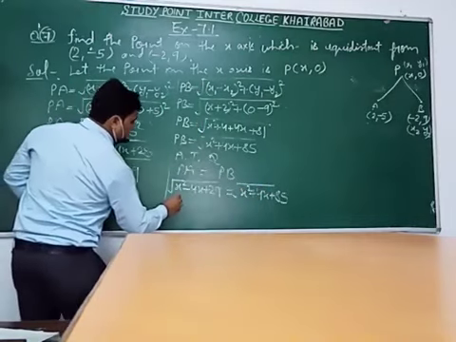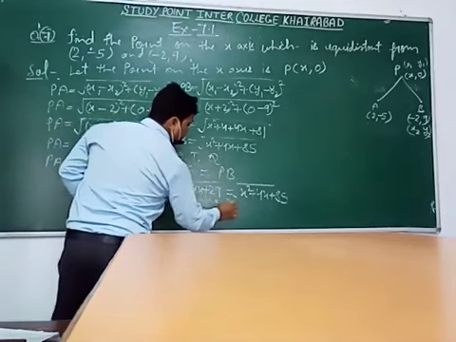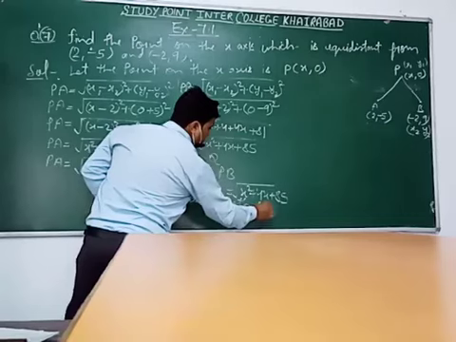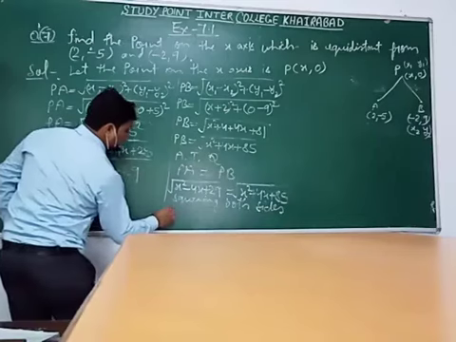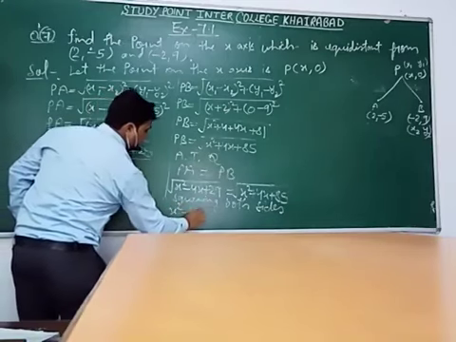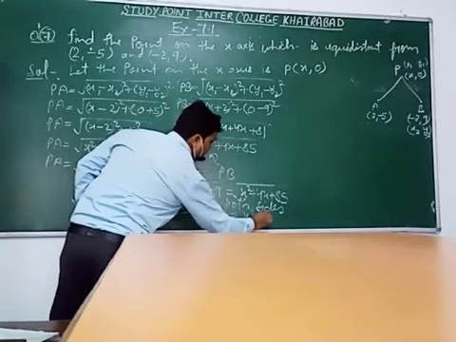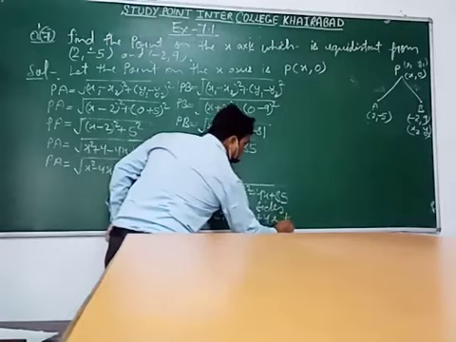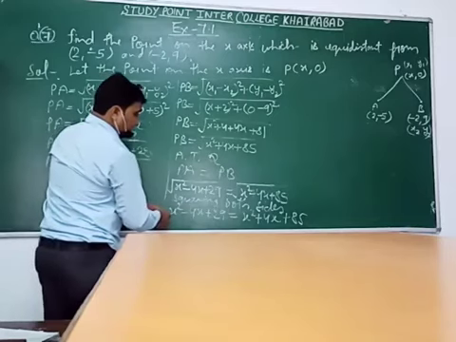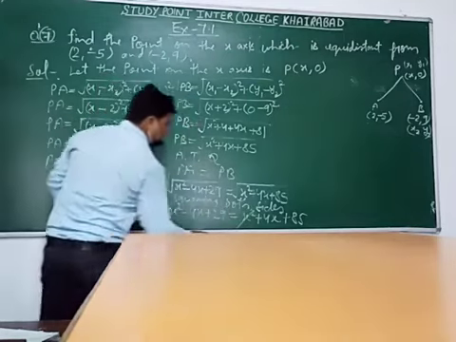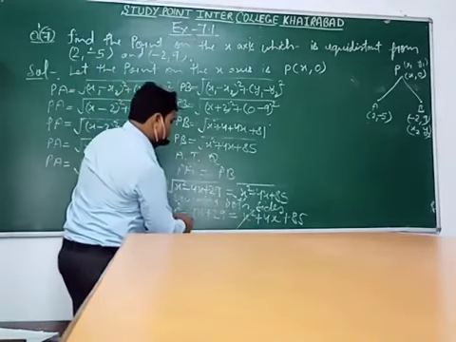Squaring both sides, the square roots will be cancelled out. So it will remain x square minus 4x plus 29 equals x square plus 4x plus 85. If you shift x square to this side, it will be minus and here it will be plus, so x square will be cancelled out.